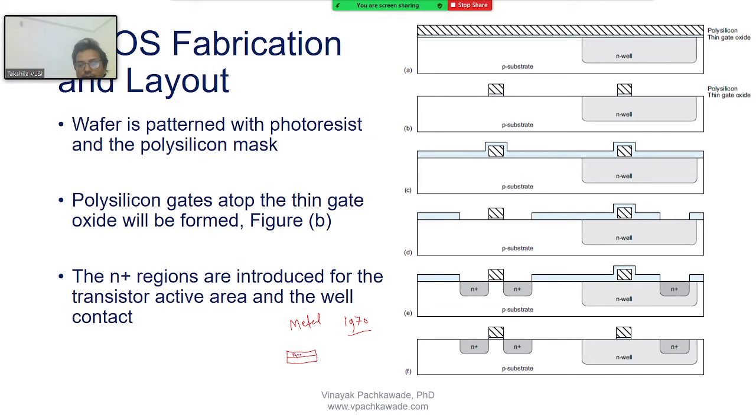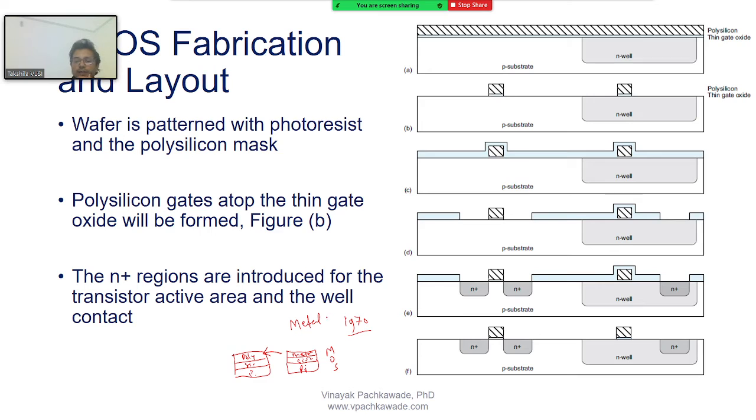So this was metal, this was SiO2 oxide, and this was the substrate, p-type or n-type. That's why they call it a MOS transistor. But nowadays you use poly, SiO2, and again the p silicon. So metal got replaced with the polysilicon.